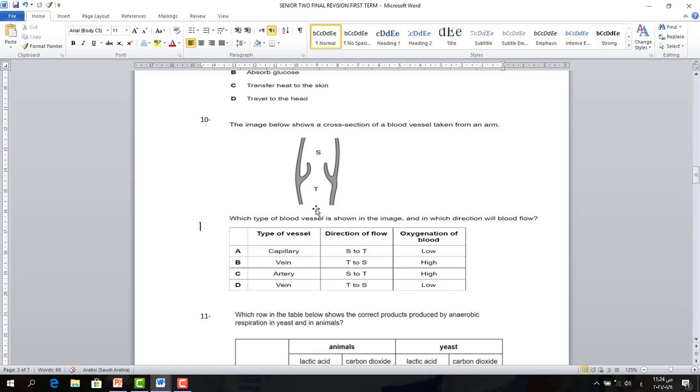Direction of flow in an arm: from T to S. Oxygenated blood? No, it is carbaminohemoglobin blood, low in oxygen. So the answer here is vein, from T to S, and low oxygen. So D.